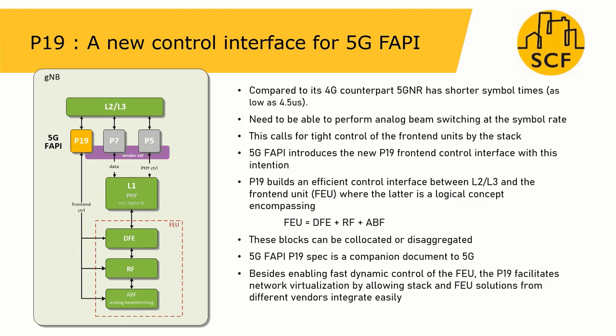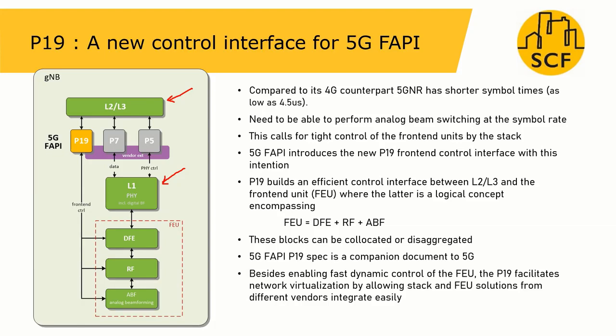At the top of the picture, we see the upper stack, which includes the L2 and L3 layers. Then comes the L1 layer, which handles the baseband processing such as decoding and the demodulation. And further down, we see the DFE, analog IF, and RF units, and potentially an analog beamforming block.